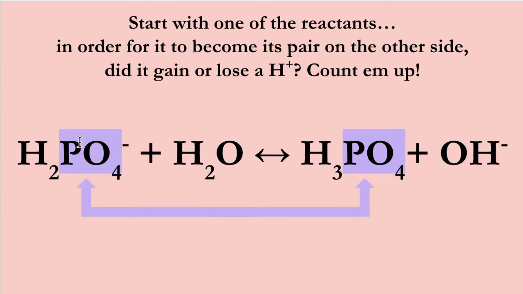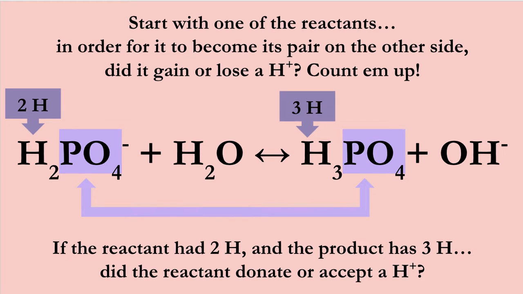So in order for it to become a pair on the other side, I'm going from here over to here, and I'm looking at the protons. I'm looking for my hydrogens, the number of H's. Here I have 2 hydrogens. Here I have 3 hydrogens. If I started with 2 and I end up with 3, did it donate a proton to get here, or did it accept a proton?